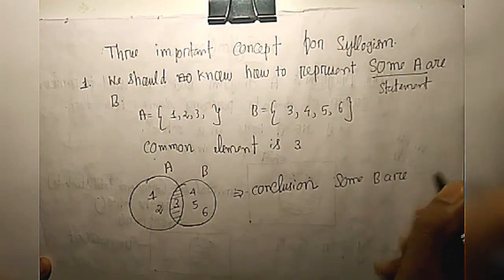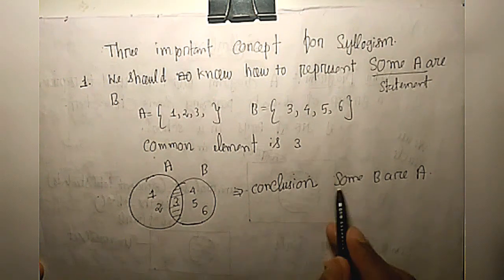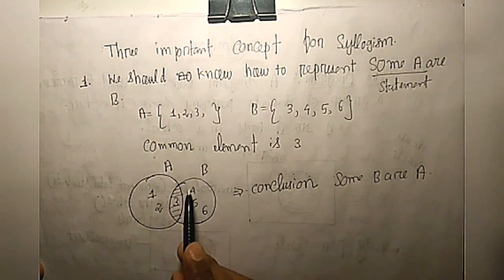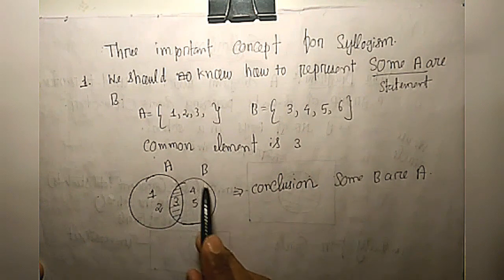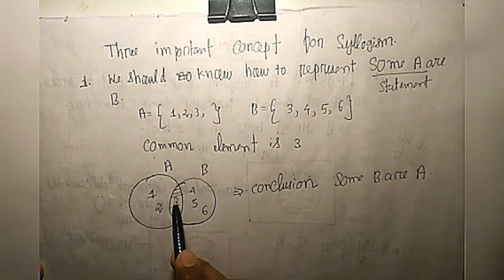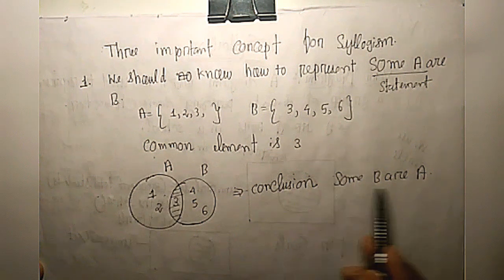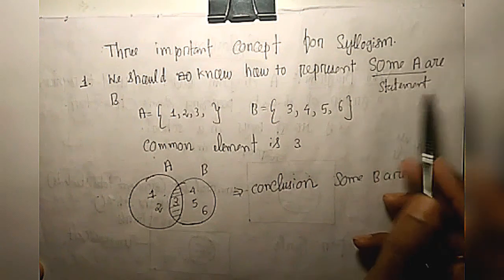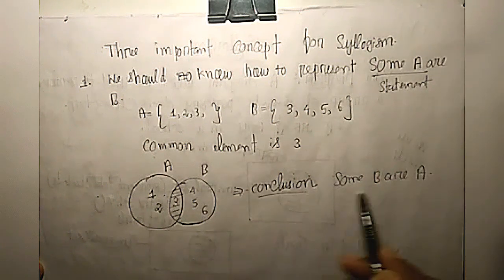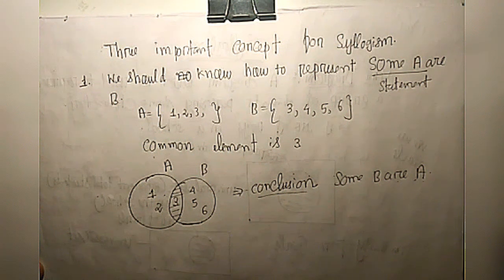If the statement is "Some A are B", what conclusion should we remember? "Some B are A", because we have seen in the diagram that some part of B also lies in A. So if the statement is "Some A are B", the conclusion is "Some B are A". This is concept number one. You should remember it. It's very, very important.